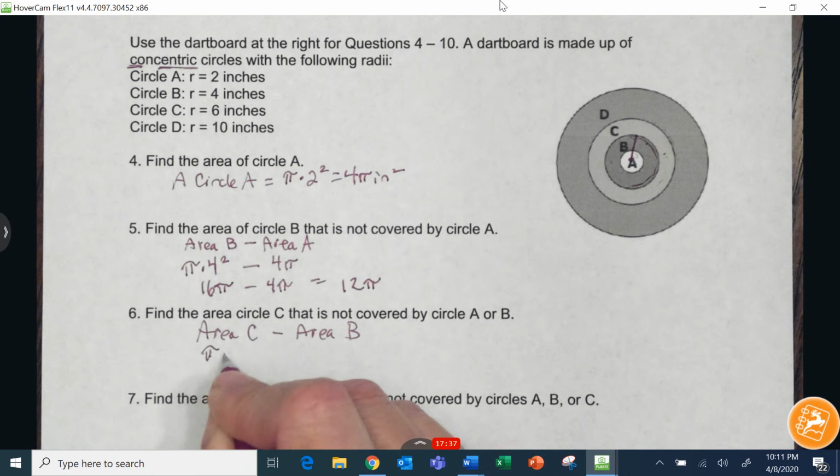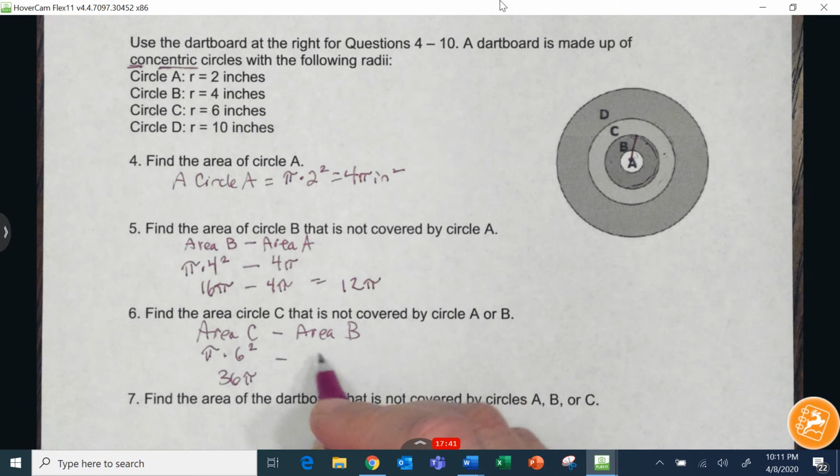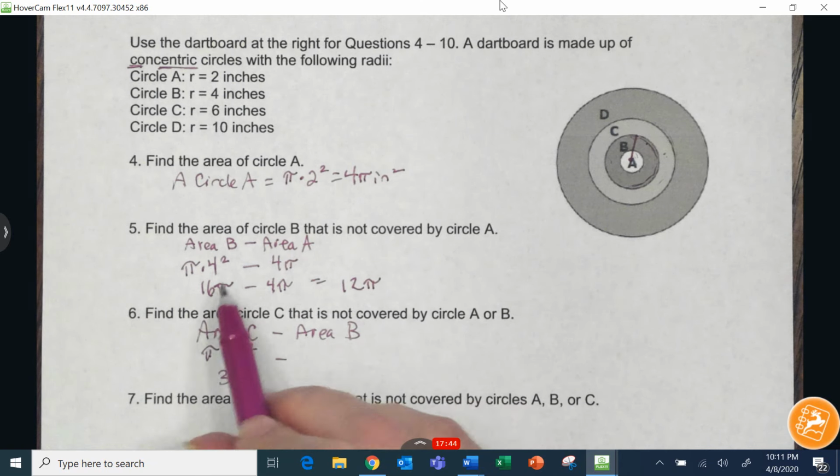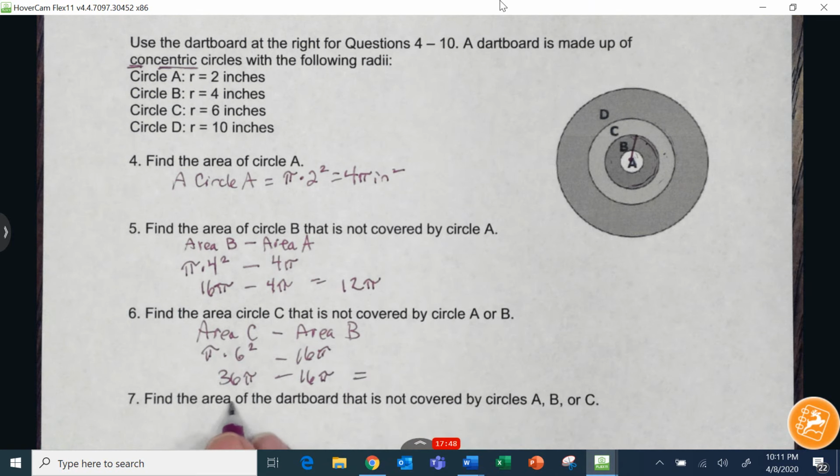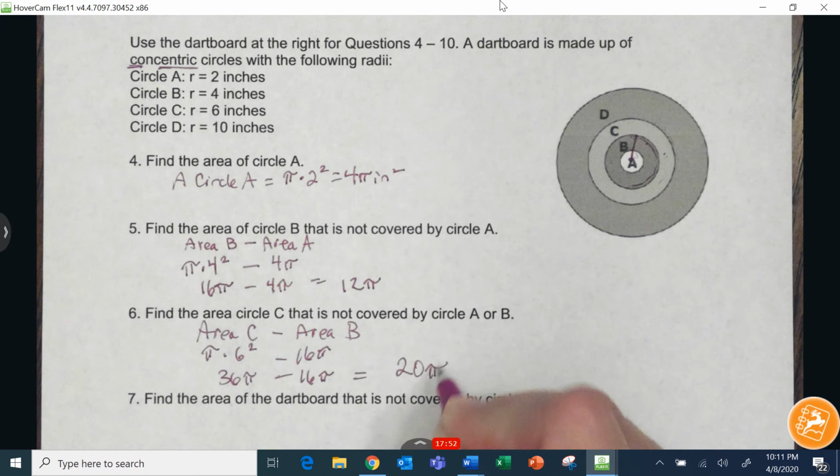So we're going to have pi times 6 squared, which is 36 pi. Subtract, and then we already know area of B is 16 pi. So 36 pi, take away 16 pi's, we're left with 20 pi.